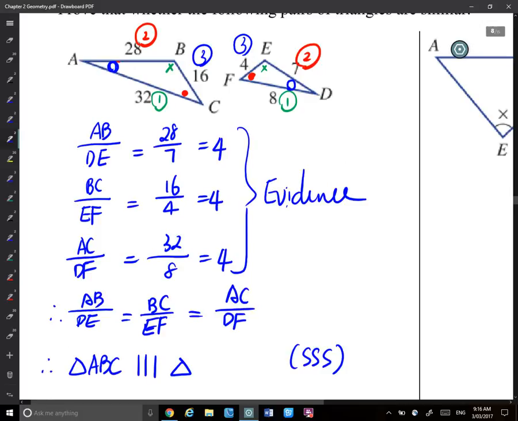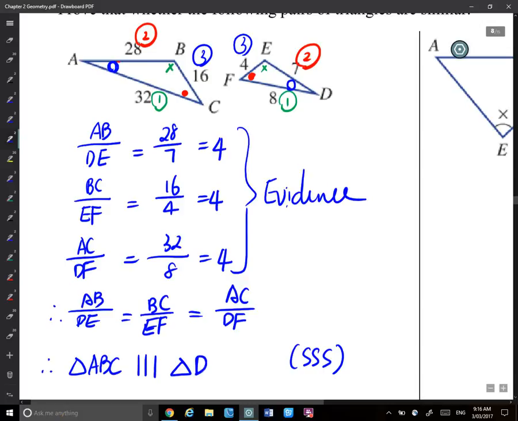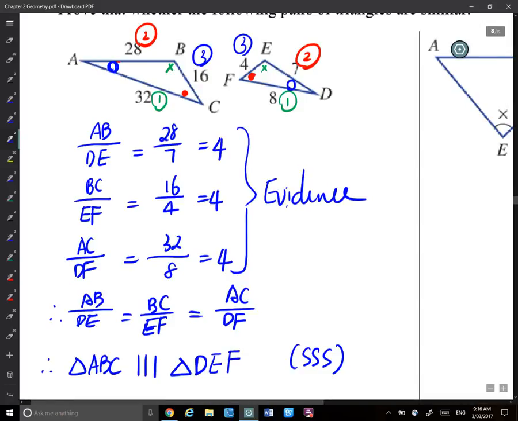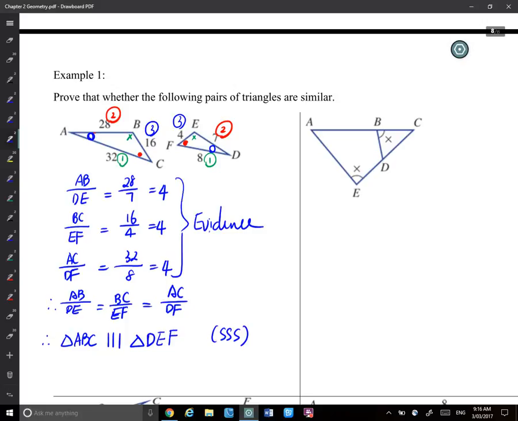So I want to write ABC similar to, okay, A is corresponding to D. B is the green angle, and the green angle is E. And C is the red angle, and the red angle is F. So ABC is similar to DEF because of SSS.